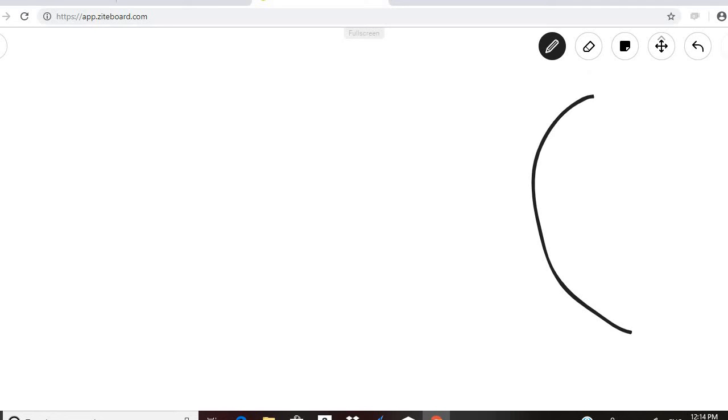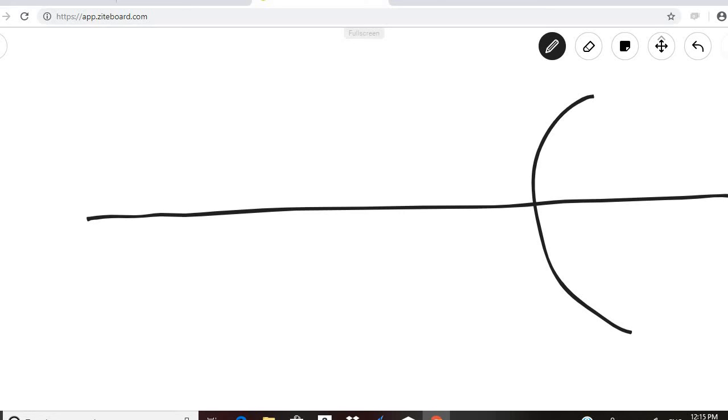And we'll draw our line through the center. And the object is placed 2 centimeters away, and the radius of curvature is 6. So we'll say that is the R. So F is half of that distance. That's 3, and we'll say this is 2. So the object is placed 2 centimeters away.